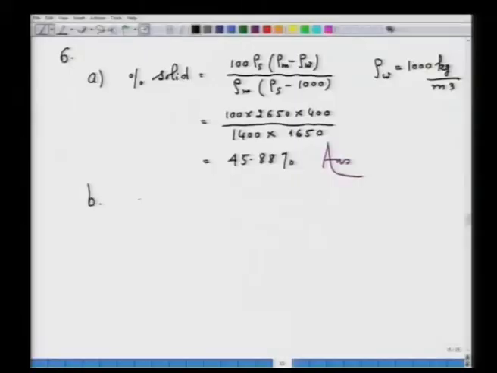So, we have derived the formula mass flow rate M, that was, if you recall, F into rho m into percent x upon 100.